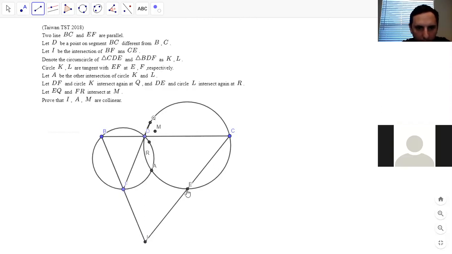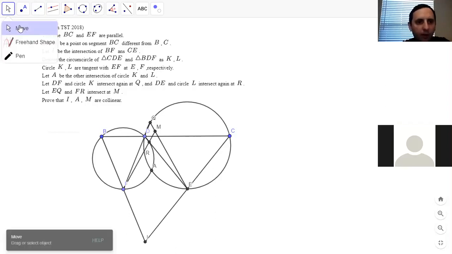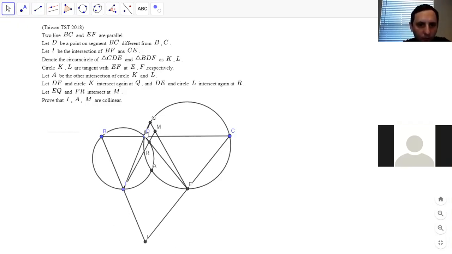A couple isosceles triangles here. M is where EQ intersects FR. So that looks like we've drawn everything there. All right. So we have two isosceles triangles. Okay, DQR is not isosceles. You can see from that figure.